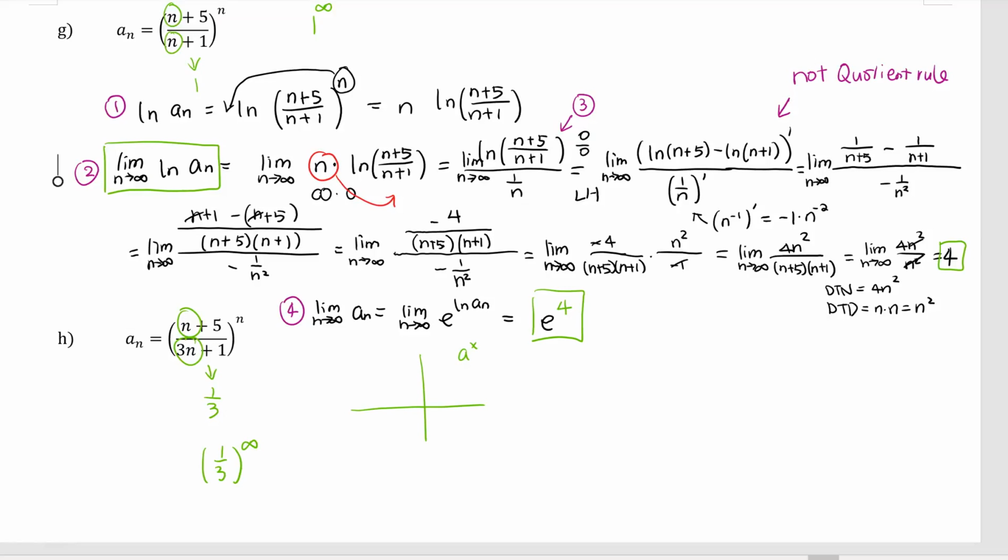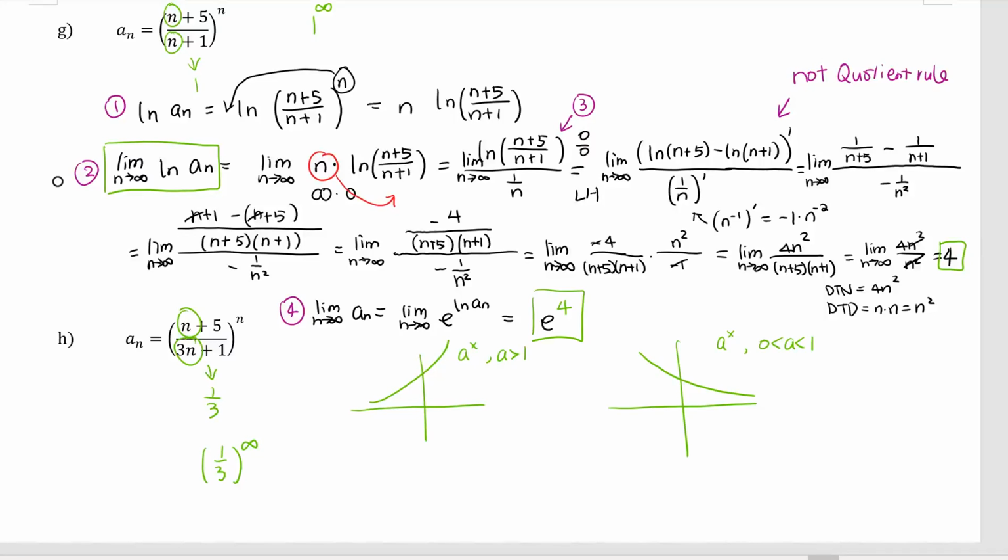a to the x, if a is greater than 1, we get an increasing function, right? How about a to the x when a is between 0 and 1? We actually get a decreasing function.